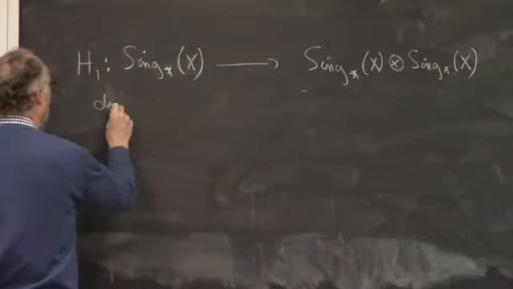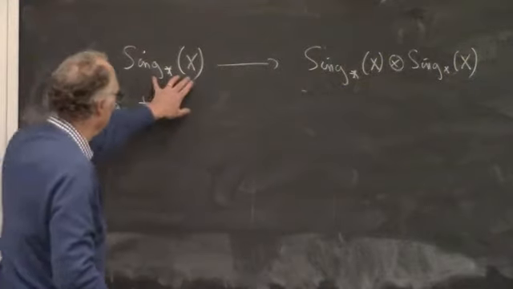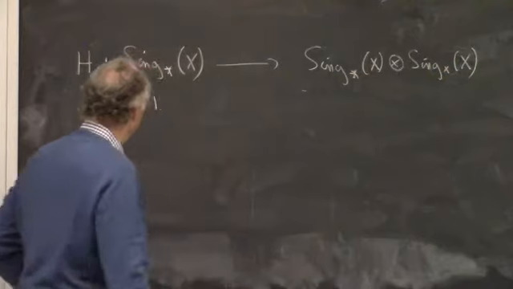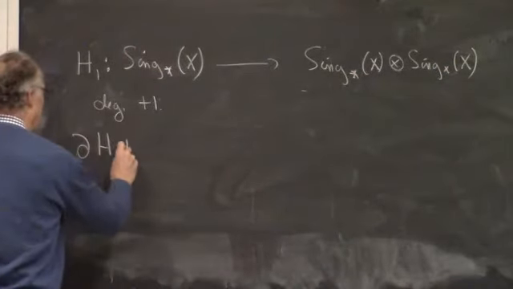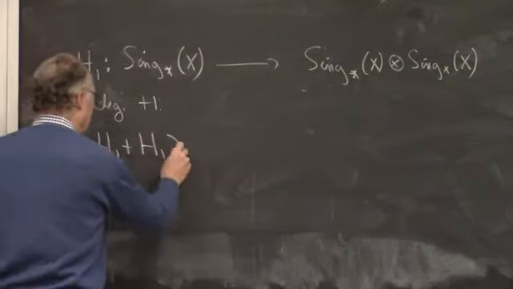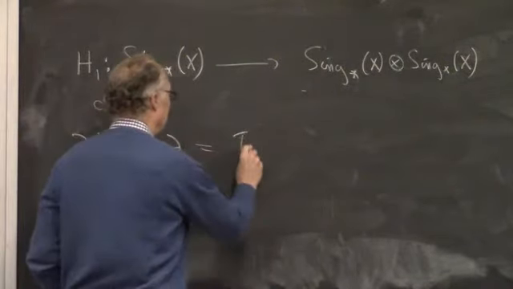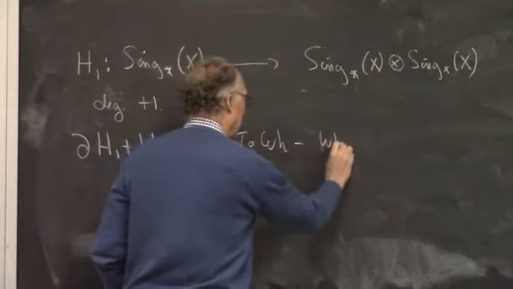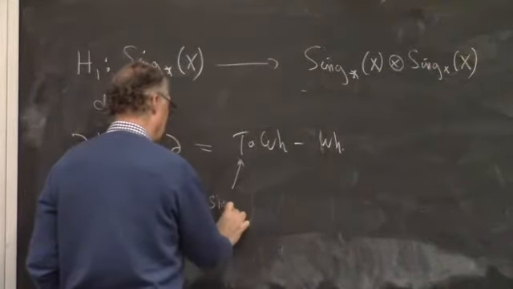It's degree plus 1, meaning it takes something of degree k here to something of total degree k plus 1 here. And the formula involving the boundary of this H is that this is T composed with Whitney minus Whitney, this T being the signed flip of the factors.